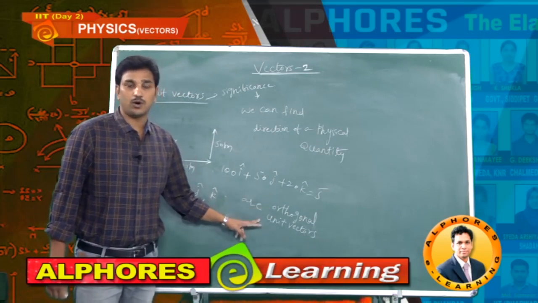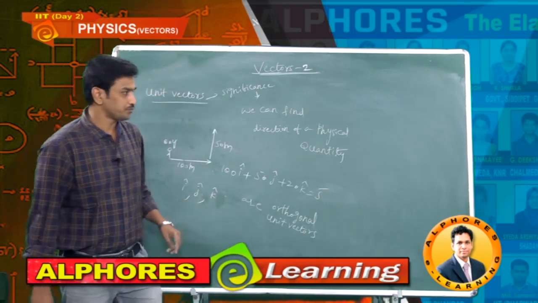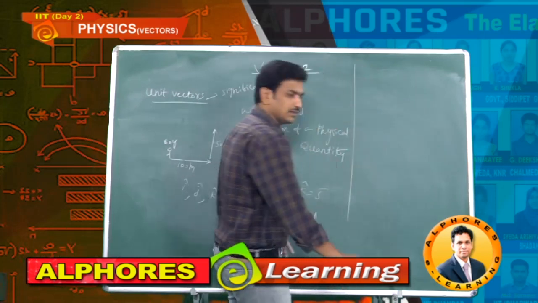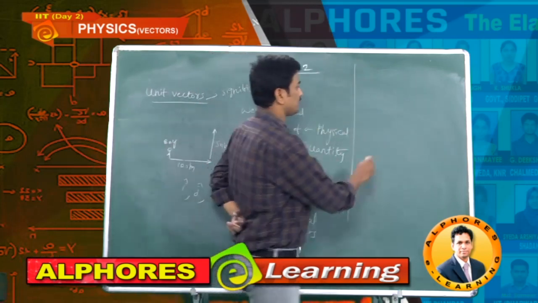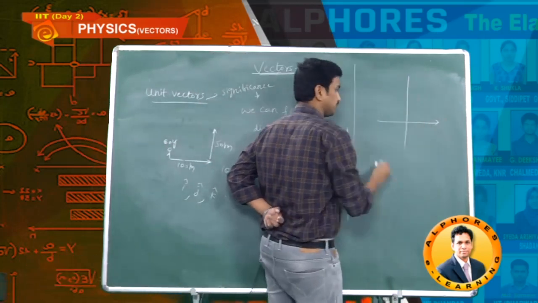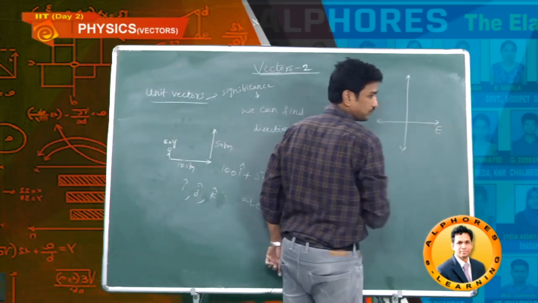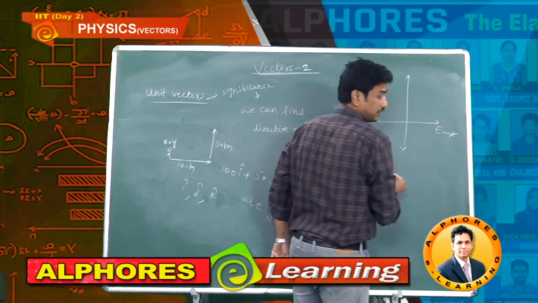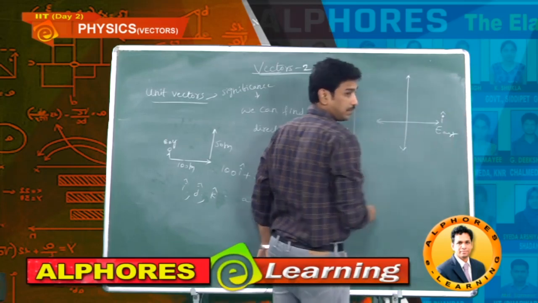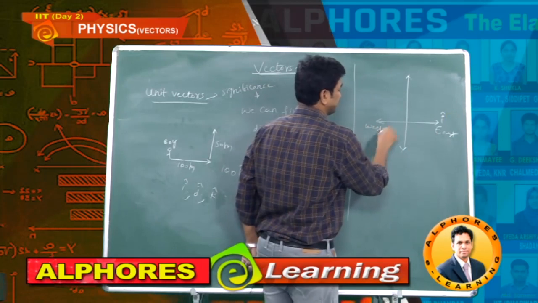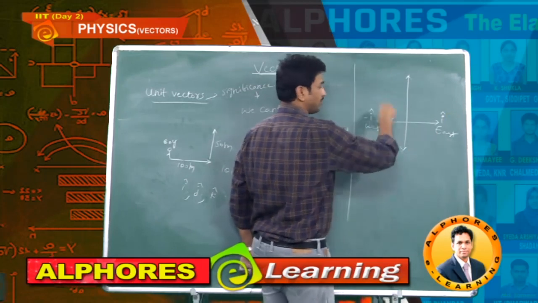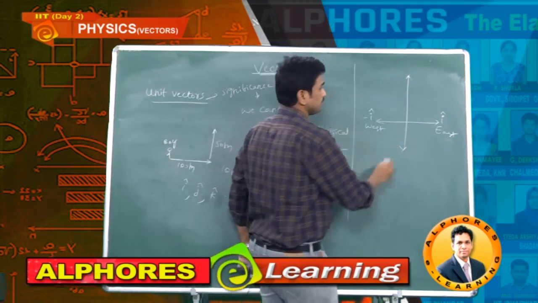Whenever I want the help of this, I will take that. In general, in physics, east direction is represented with I cap, west direction with minus I cap.